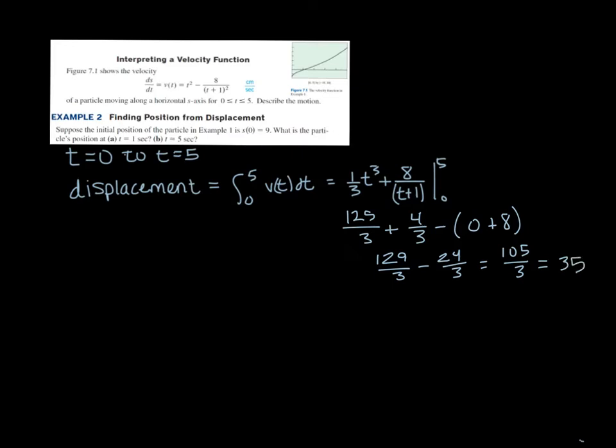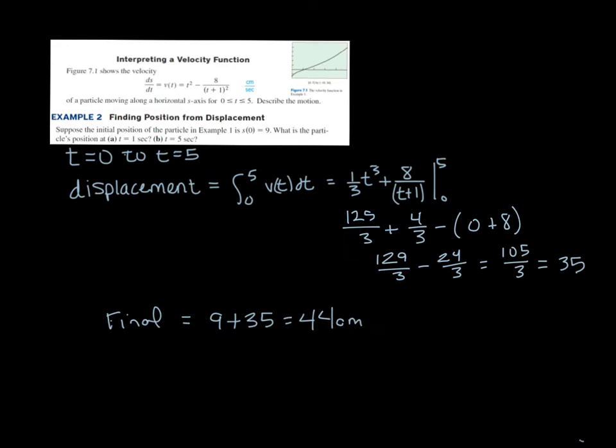And so our final position after 5 seconds will be equal to the initial position, which is 9, plus the displacement, which is 35. So our final position is 44 centimeters.